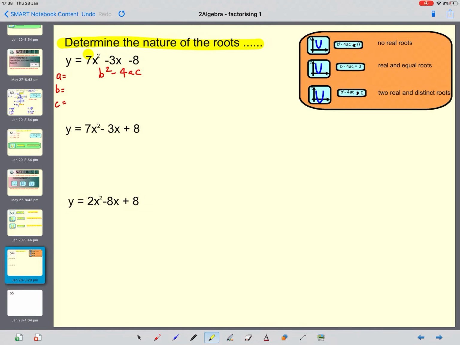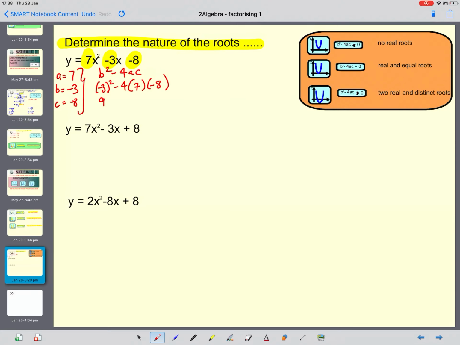Your a is the coefficient of your x squared, which is 7. Your b is the coefficient of your x, which is negative 3. And your c is your number at the end, which is negative 8. You substitute all of them into b squared minus 4ac. So it's going to be negative 3 all squared, take away 4 multiplied by 7 multiplied by negative 8.